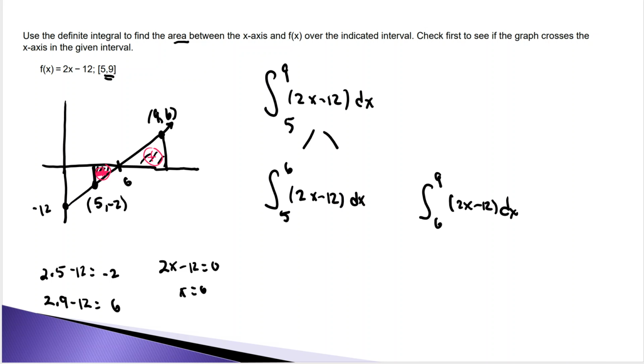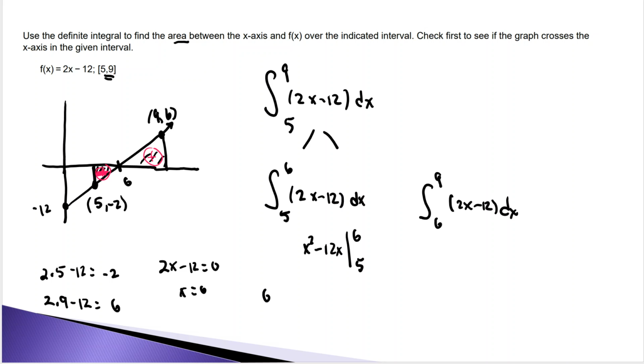Okay? Now, the first one should come out to be a negative integral. The second one should come out to be a positive integral. When I integrate this, I'm going to get x squared minus 12x. I want to plug in the 6 and the 5, and then subtract. So that's the notation we use for that.